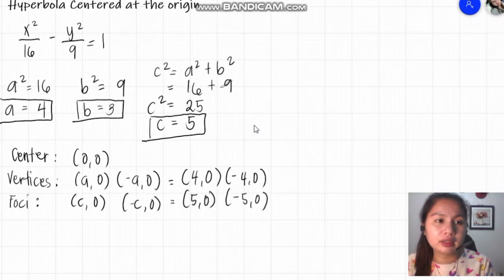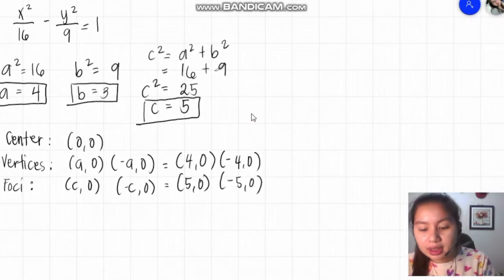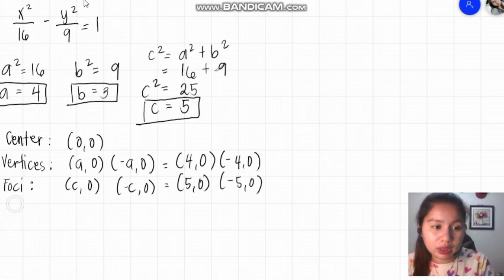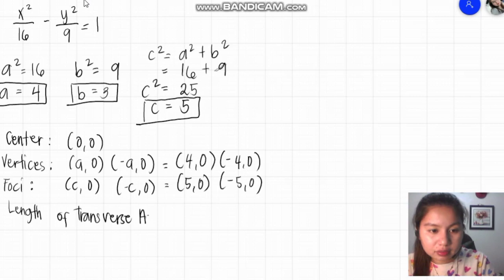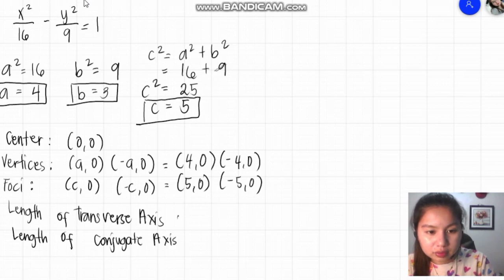Next naman natin is yung length ni transverse and length ni conjugate axis. So, we have the length of transverse axis, and then we have the length of conjugate axis. Ayan.